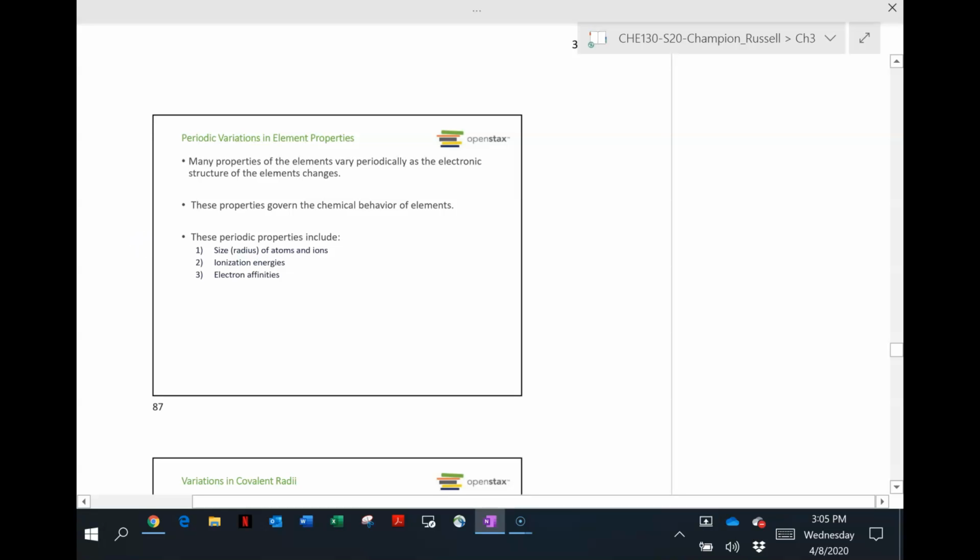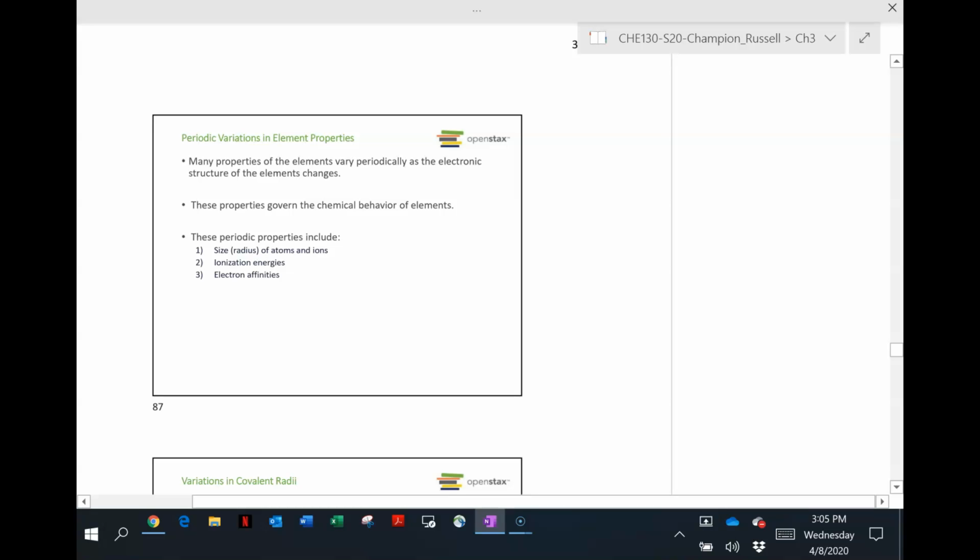When the periodic table was originally created, people didn't really know about protons, neutrons, or electrons or anything like that, even though we just went through a lot of work relating the electron configuration of the elements to the periodic table.